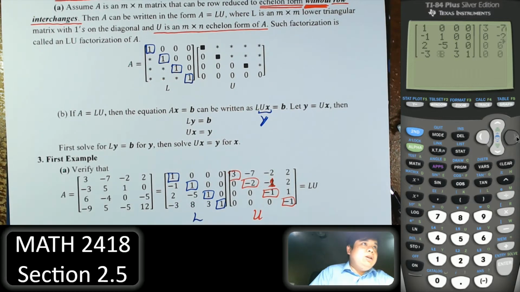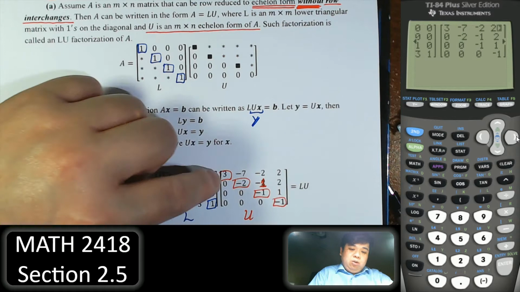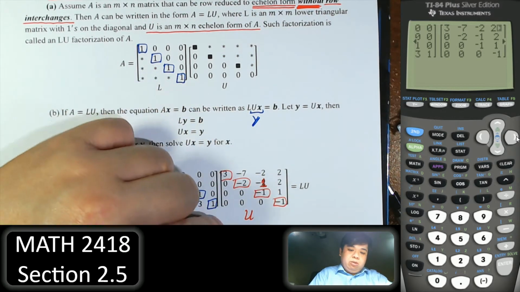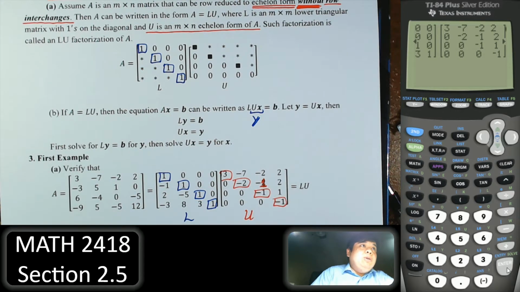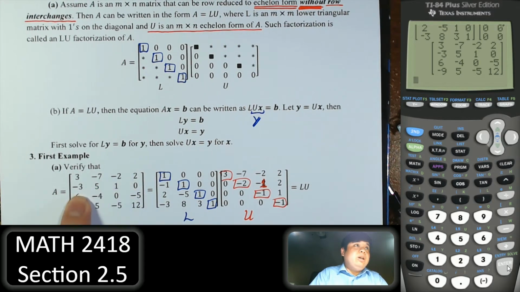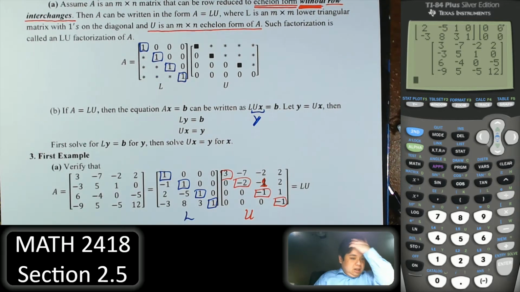Okay, that's good. Then 3, -7, -2, 2, 0, -2, -1, 2. Anyway, all the numbers multiply together, and here we have 3, -7, -2, and 2, -5. Of course, there's a way to find this. On the first example, we just check.